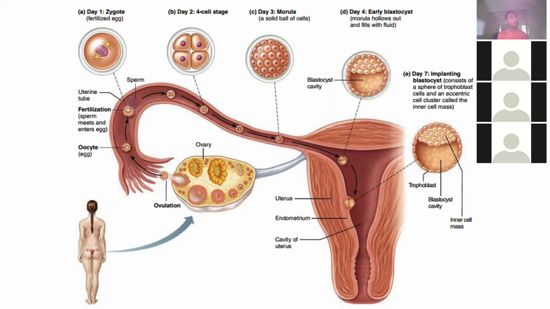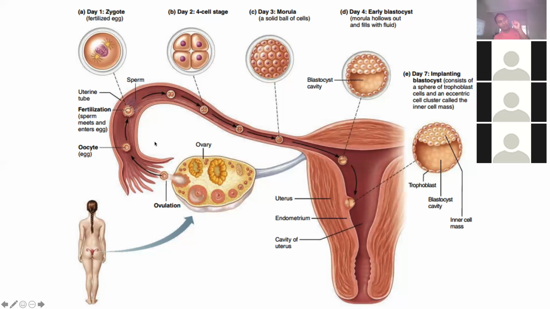So usually, if we divide the fallopian tube into three portions, medial 1/3, middle 1/3, and lateral 1/3, fertilization usually takes place in the lateral 1/3, the outer 1/3 of the fallopian tube.